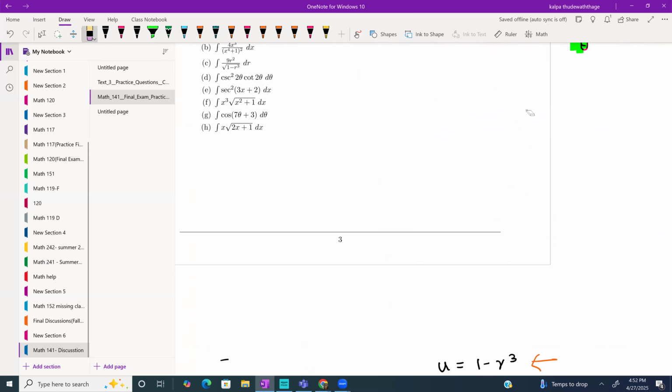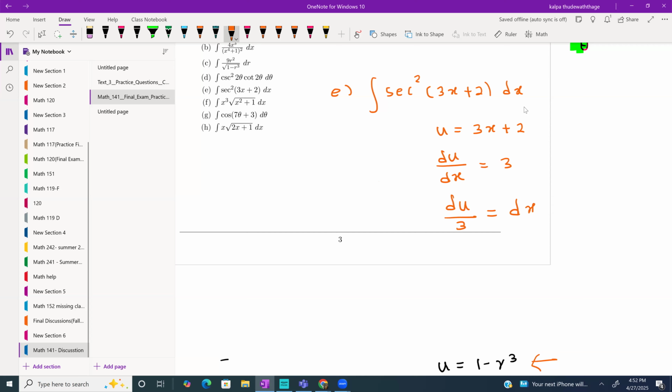So here the idea is E, secant squared 3x plus 2 dx. You can use u as 3x plus 2. If you differentiate with respect to x, it's just 3. du over 3 is dx. That means the integration is secant squared u, because everything 3x plus 2 is now u, and dx is du over 3.